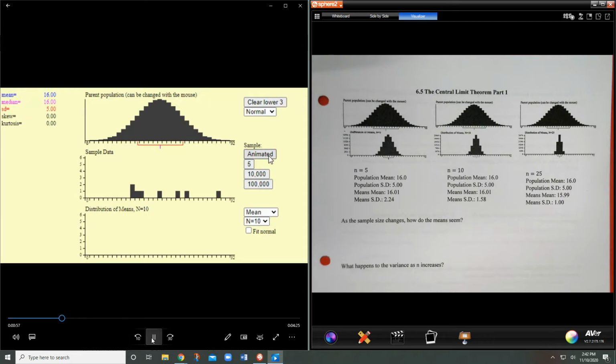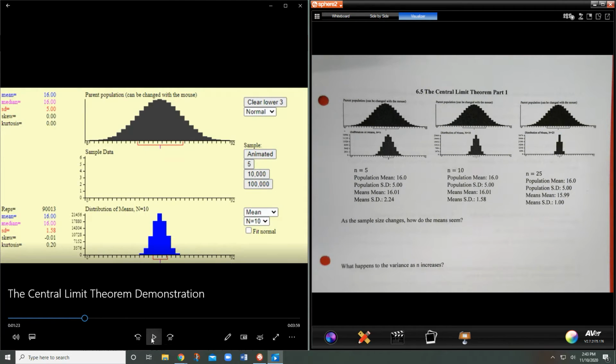And if we do the same thing for a sample size of 10, remember every single sample that we're taking, we're finding all of those values and averaging them to get our one value for our distribution of our means. Again, it became normally distributed. However, look, our standard deviation is getting smaller and smaller. It was 5 when we had our parent population, and now it has a standard deviation of 1.58.